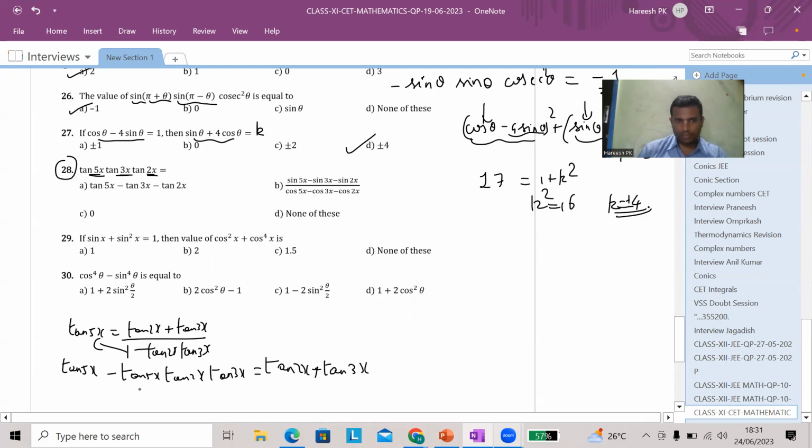This is what we end up getting. Now they are asking these 3 terms, right? So take those 3 terms to the RHS and bring these 2 terms to the LHS. So tan 2x into 3x, tan 3x into tan 5x is nothing but tan 5x minus tan 2x minus tan 3x. So that's option A.